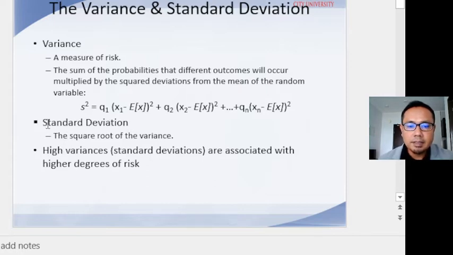And then the standard deviation refers to the square root of the variance. So high variance and high standard deviation are associated with a higher degree of risk.